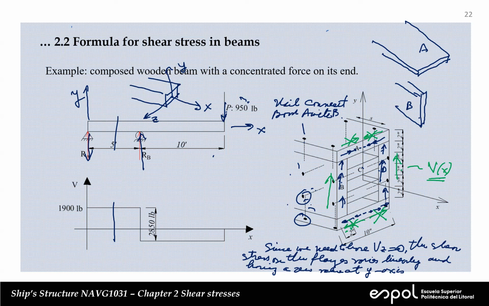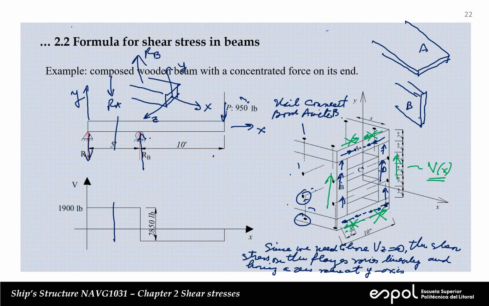That's why we are saying that since we have no forces in the z direction, the shear force integrating the shear stresses has to cancel because there is no force. For example, more or less here, you have the reaction, and more or less about here, you have the other. This is reaction in A, this is reaction at B. So you have only forces in the y direction.